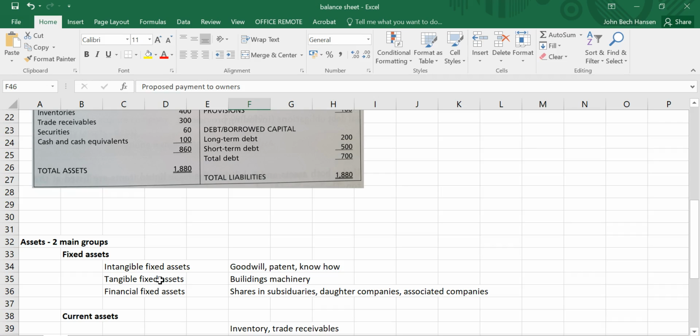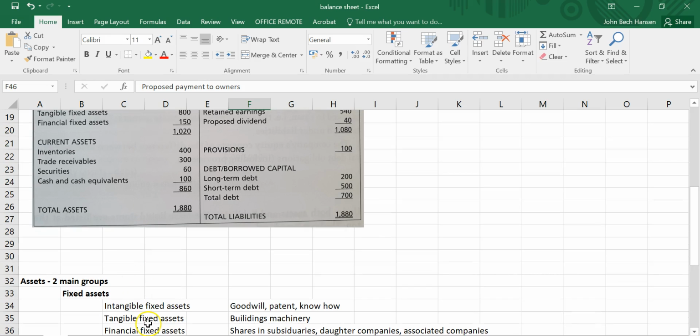So we'll get an invoice, of course, when we buy the car, and it will say, you bought this car at this price, and this is the value that goes in the tangible fixed assets. And that's the same thing with intangible fixed assets.